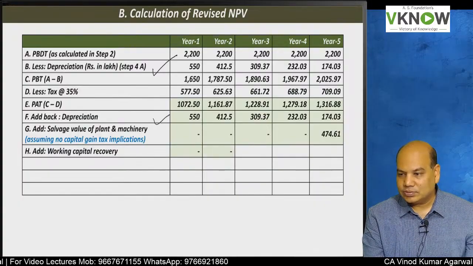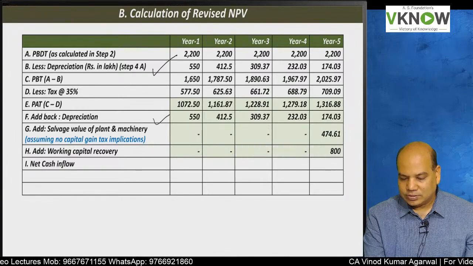Next point H, recovery of working capital, last column 800.